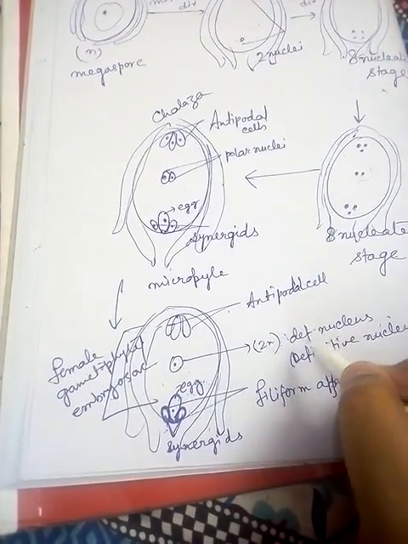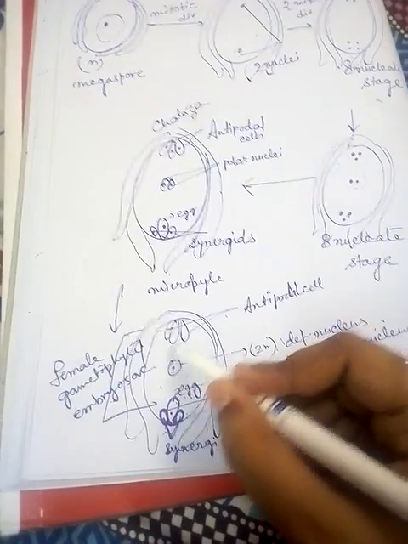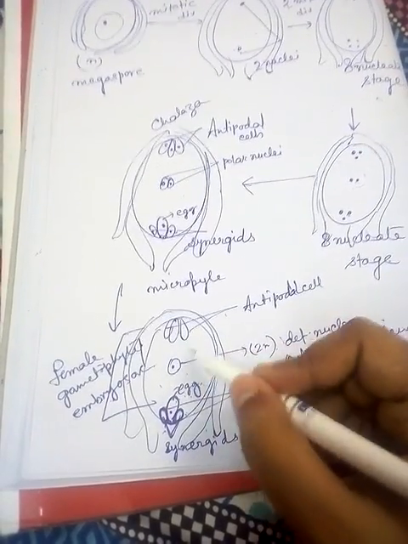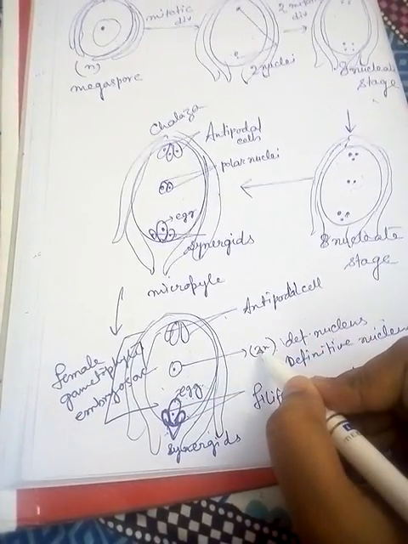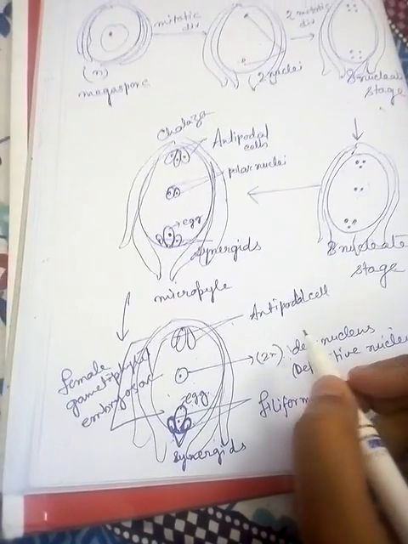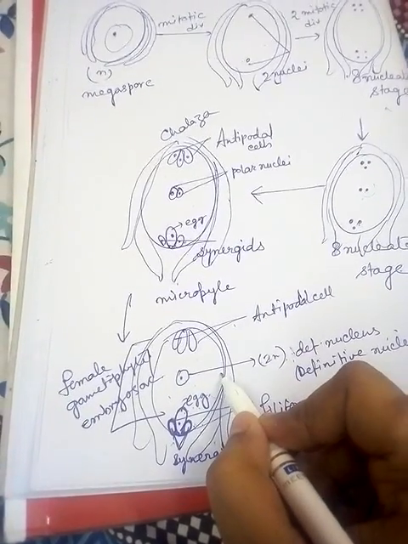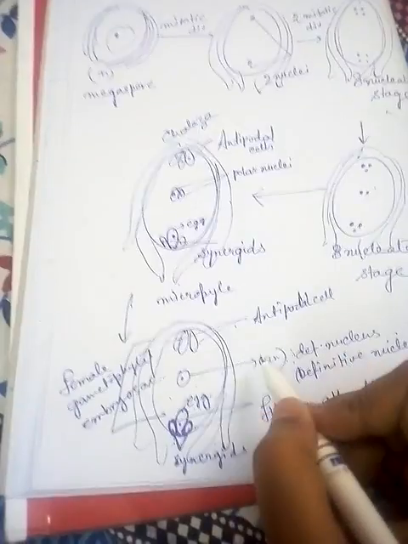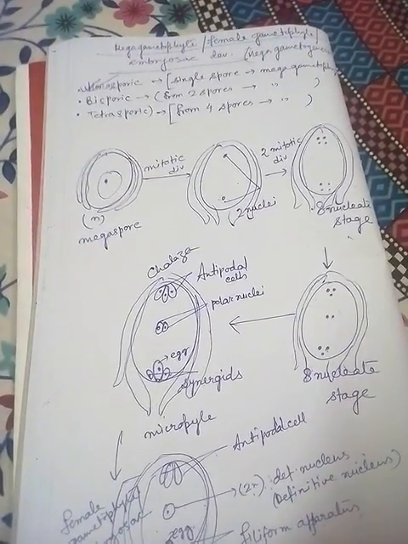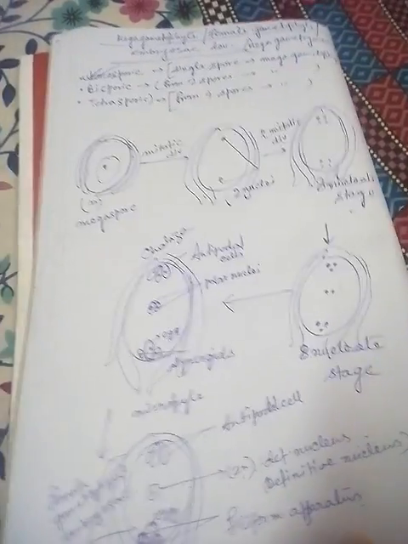All the other nuclei and cells are haploid. Only the definitive nucleus is diploid. This is all about megagametophyte development or megagametogenesis.